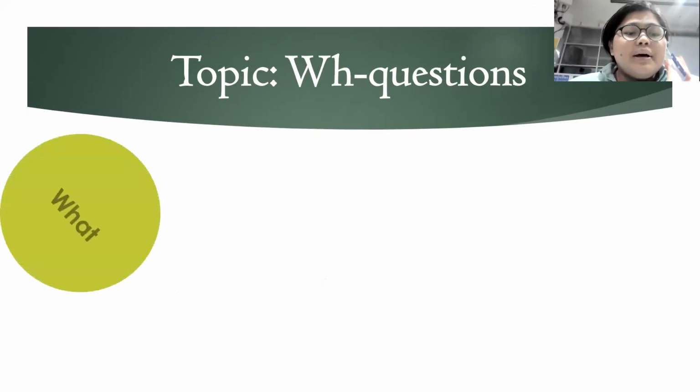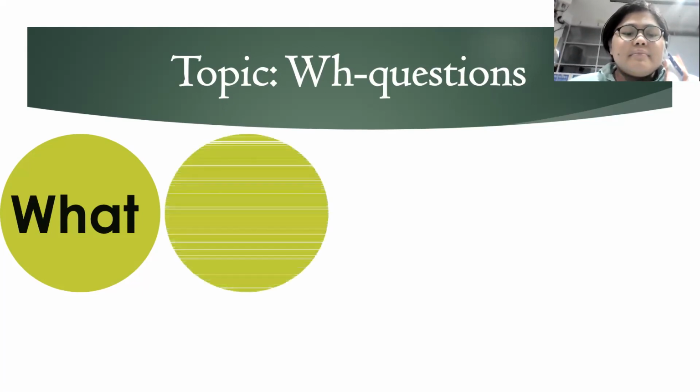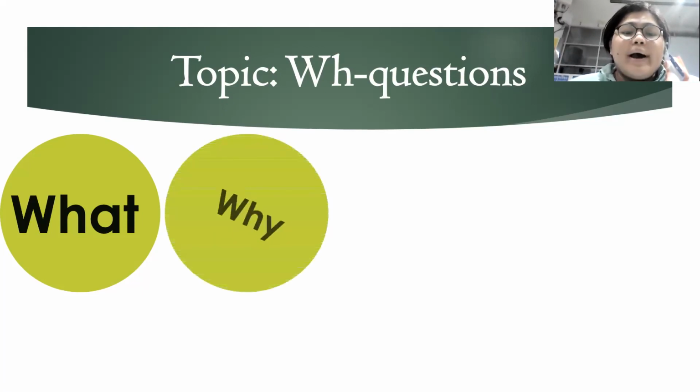We use what to know about things, animals, objects, or information. We use why to know the reason.